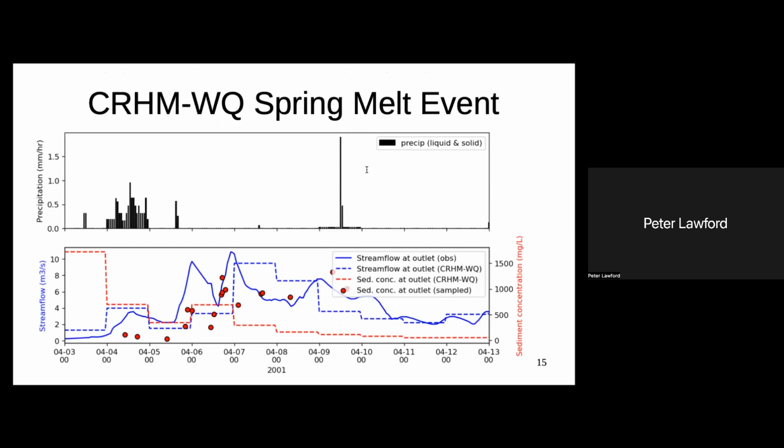And I'll just show you some results of this. This is before the improvements to sediment erosion, which haven't been completed yet. But we can see that the current CRIM-WQ model does not well capture the spring melt events. So the changes in soil erodibility due to the thawing of the soil are not well captured by CRIM-WQ currently.